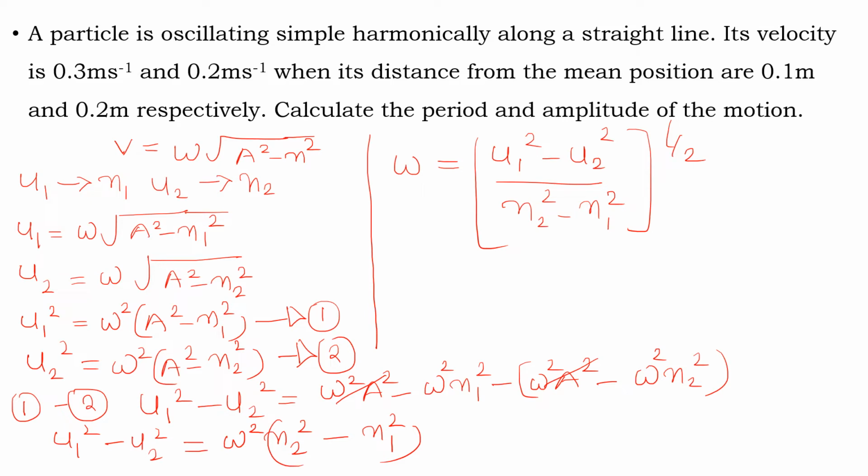And in the problem, u1 is given as 0.3 meter per second and u2 is given as 0.2 meter per second, and x1 is given as 0.1 meter and x2 is given as 0.2 meter.